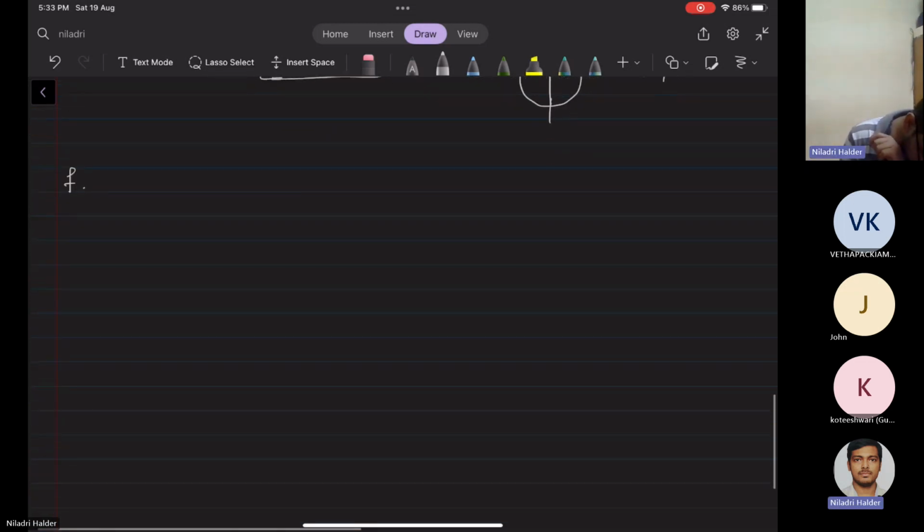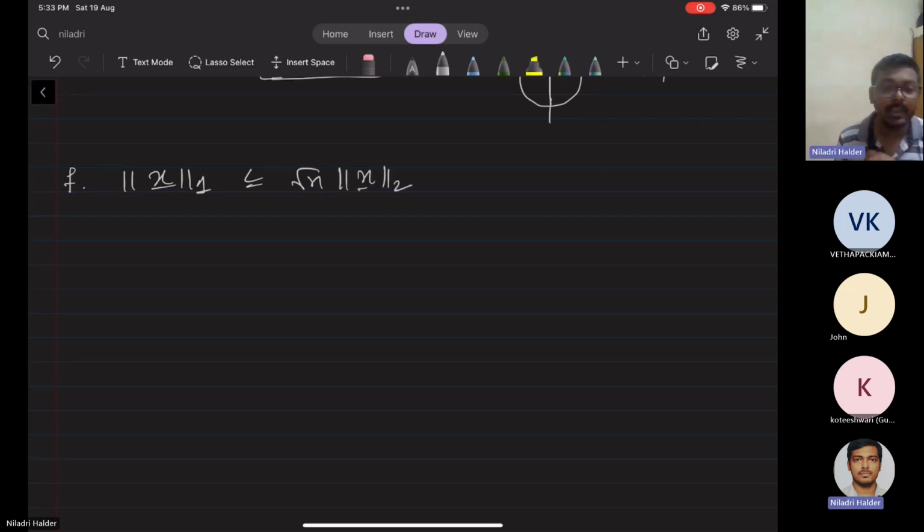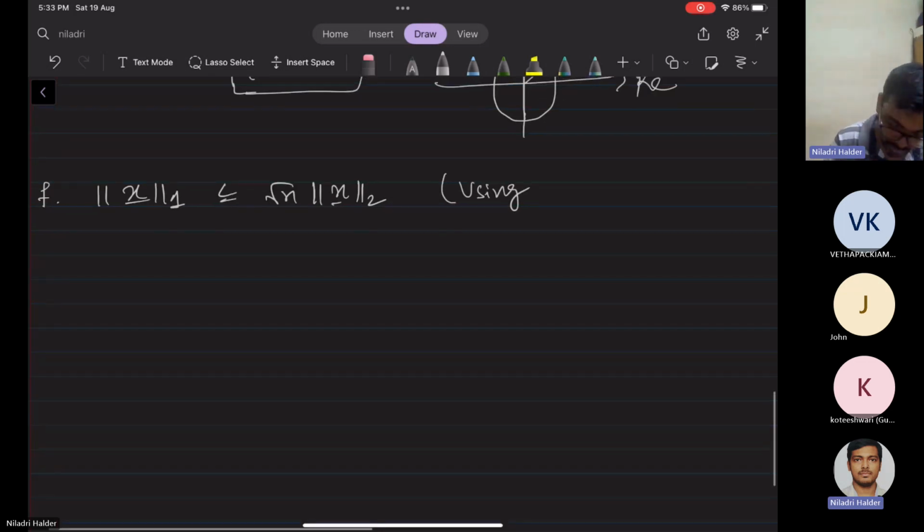Then one more property is that the L1 norm is less than or equal to root n times the L2 norm. He has proved it using the Cauchy-Schwarz inequality. He has already proved it, so I will not go through it.